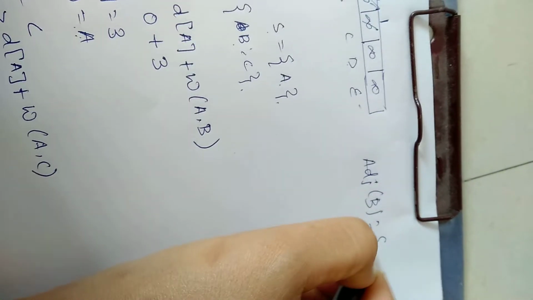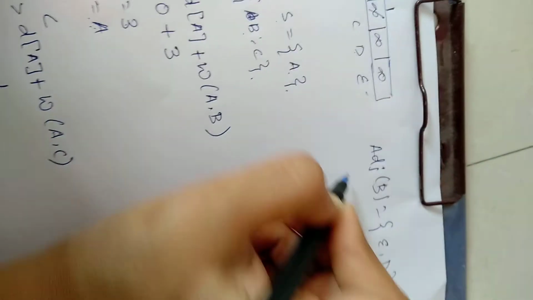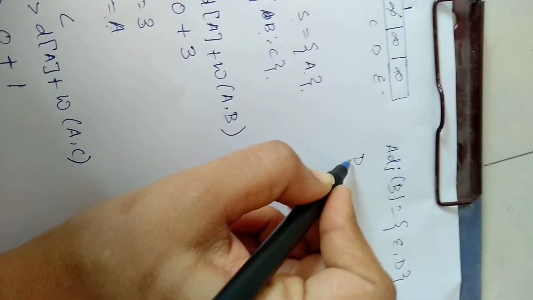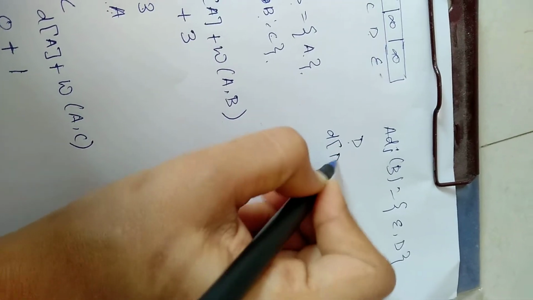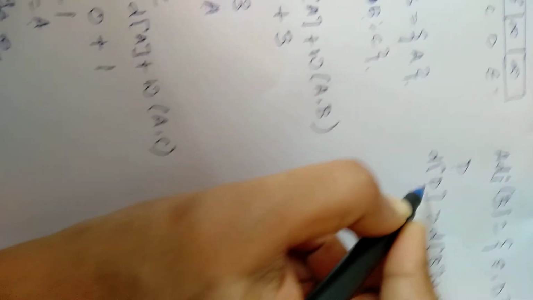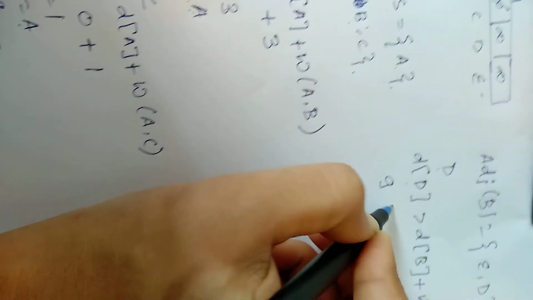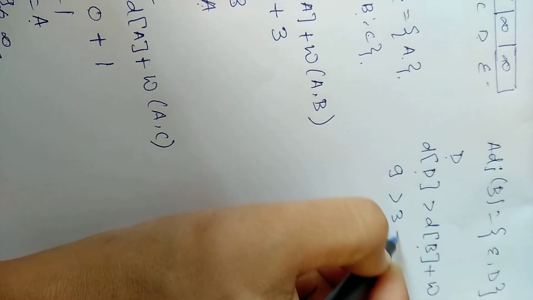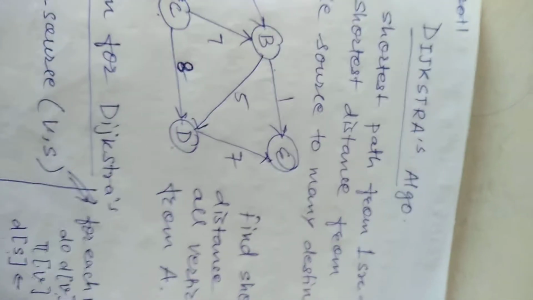So let's consider that B gets extracted. Now adjacent vertices of B are E and D. So first we'll consider D. We'll find out if distance of D is greater than distance of B plus weight of B comma D. So initial distance of D is 9 and distance of B is 3 plus weight of BD edge is 5.